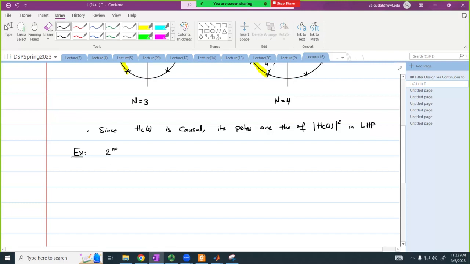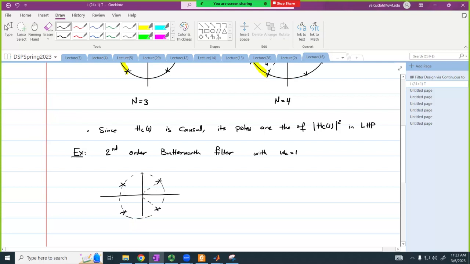So if we have a second order Butterworth filter, and let's assume omega c is just equal to 1, then we're going to have poles located at pi over 2 apart. So we're going to have a pole here, a pole here, a pole here, a pole here.